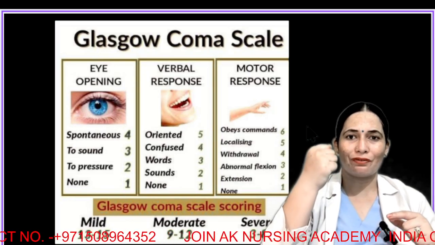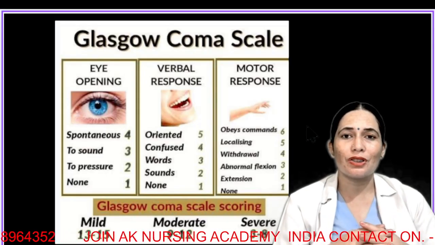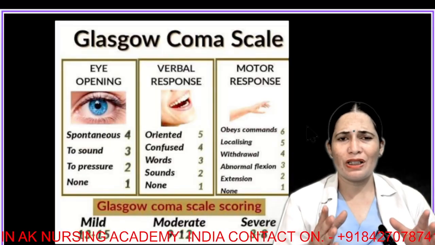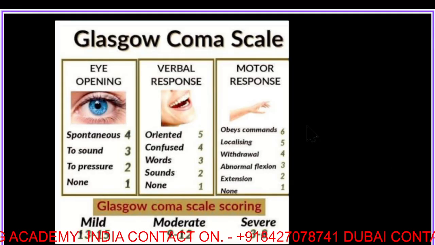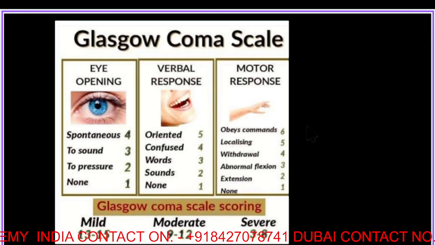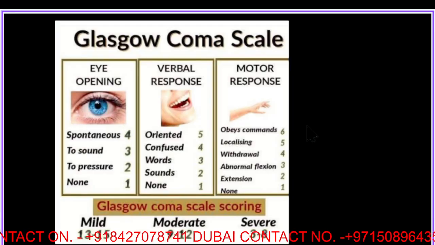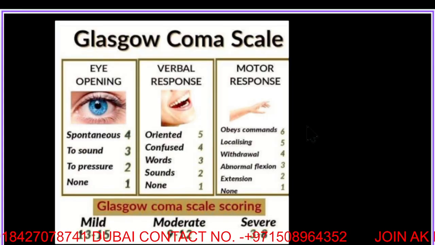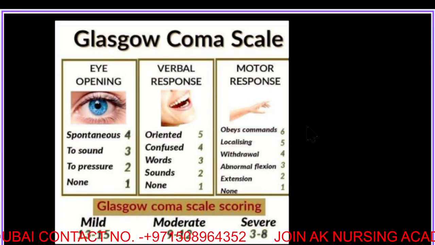We make a fist and put pressure on the patient's sternum, and check how the patient responds. Nowadays, it is very little used, or we can say not used, because it causes bruising on the patient's chest and creates problems for the patient.